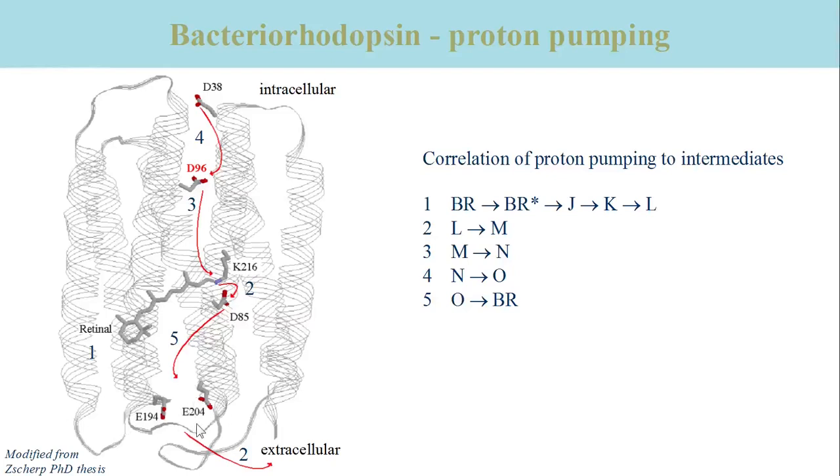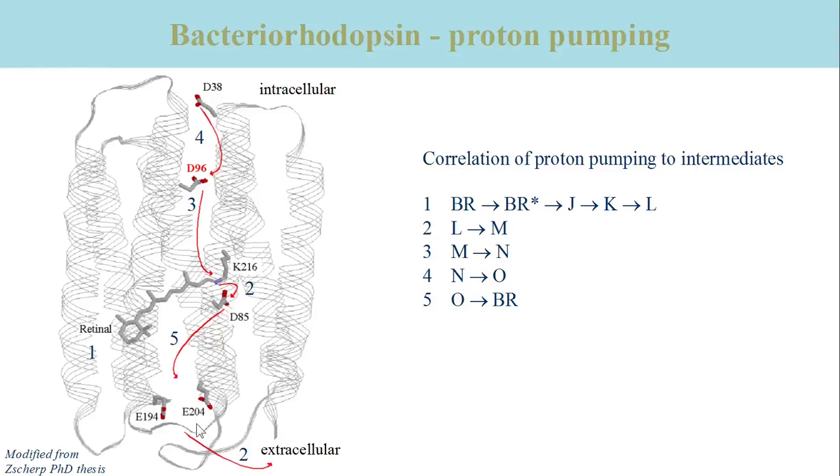As you can see, it is not the same proton that is transported all the way from the intracellular side to the extracellular medium in one photocycle. Instead, several protons move towards the extracellular side, each covering a fraction of the total distance in different regions of the protein.